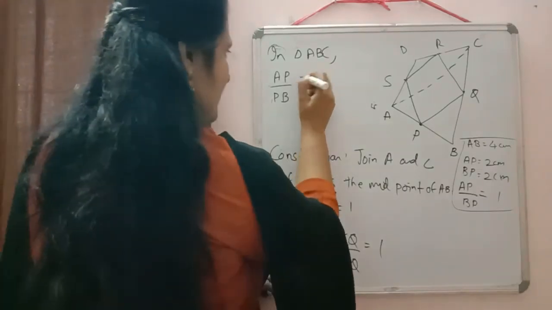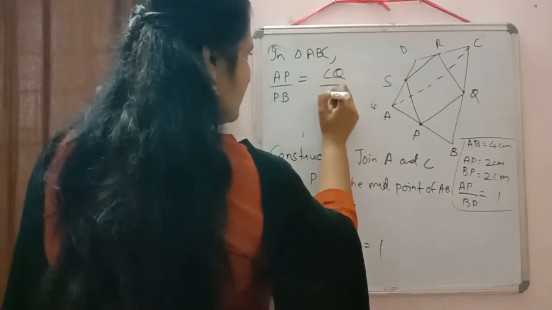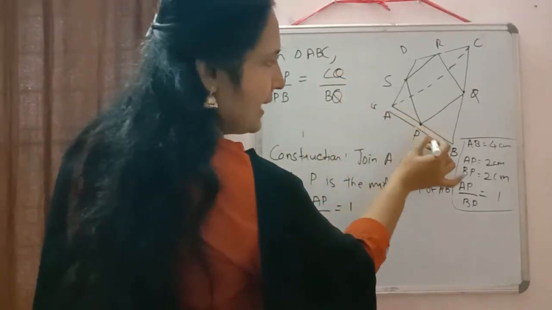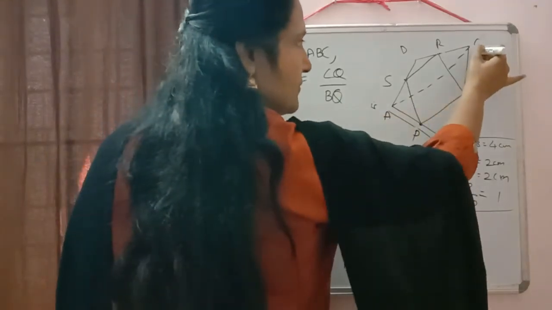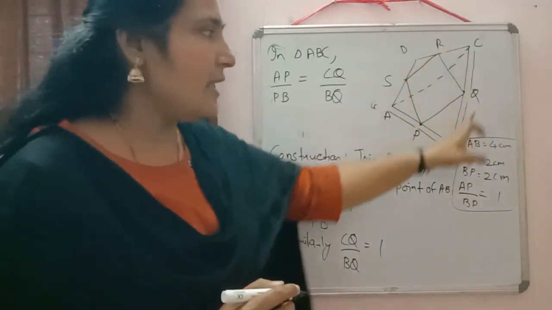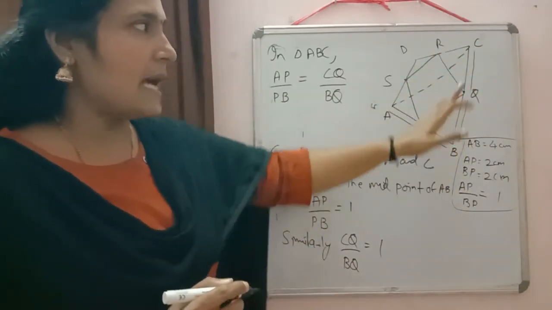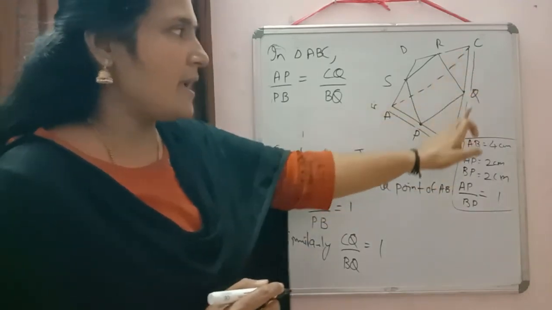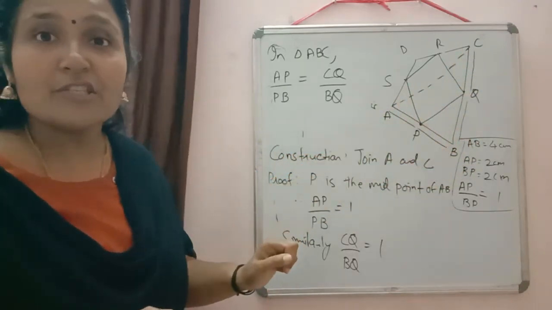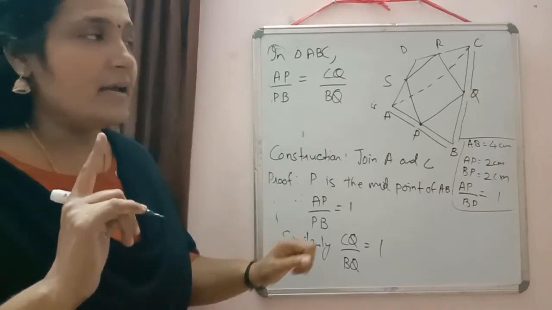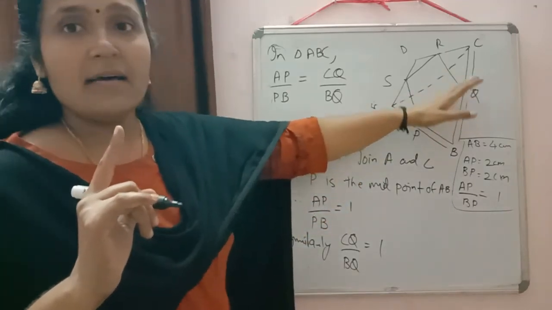AP by PB is equal to CQ by BQ. In this triangle, we got the ratios, a line segment which divides the two sides of a triangle in the same ratio. Correct? Then by BPT, what can we say? It will be parallel to the third side.